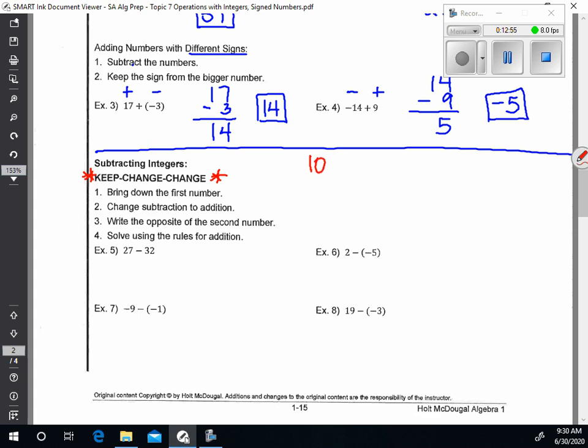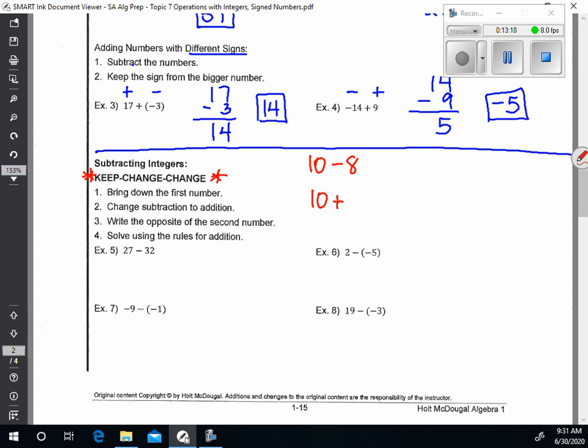So we're going to do 10 minus 8. Now, you don't need to do the keep, change, change rule here. 10 minus 8 is 2. But I'm illustrating it to show you that it does work. You keep the first number, change subtraction to addition. You take the opposite of the second number.